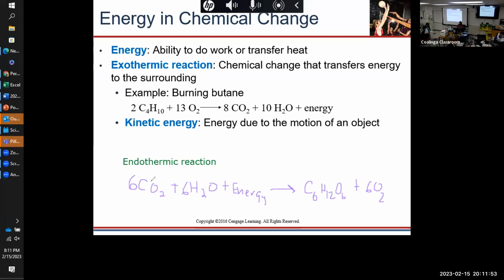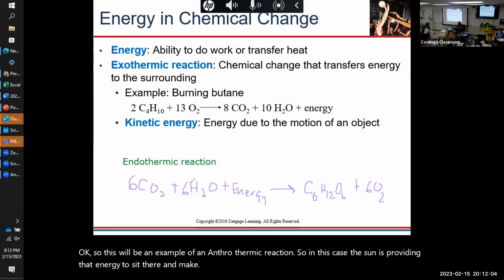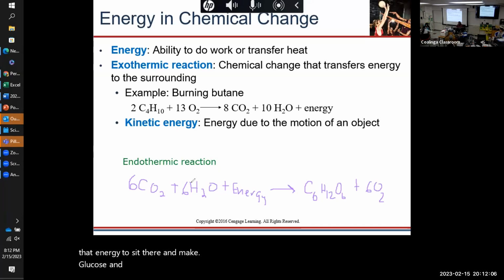Okay. So this will be an example of an endothermic reaction. In this case, the sun is providing that energy to make glucose and oxygen. So energy is being put into the chemical equation. Okay, you have that look.